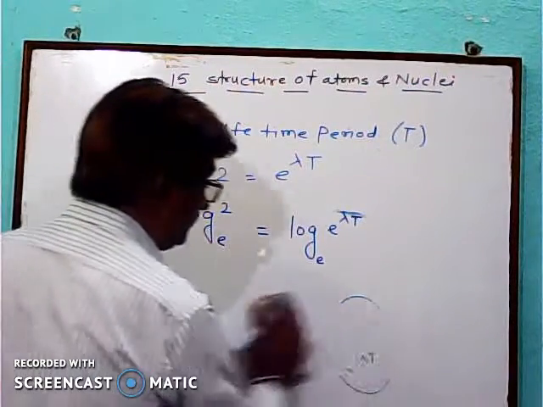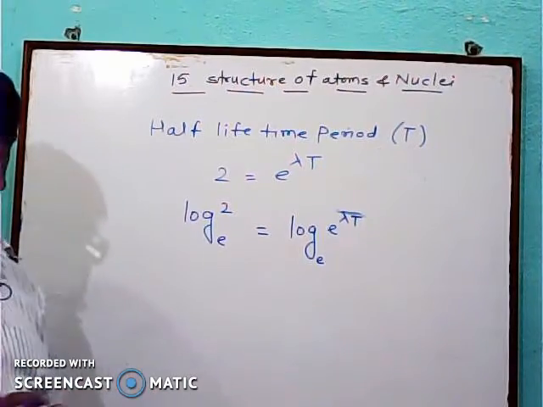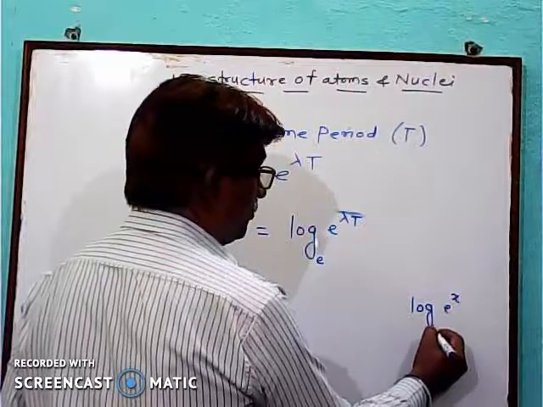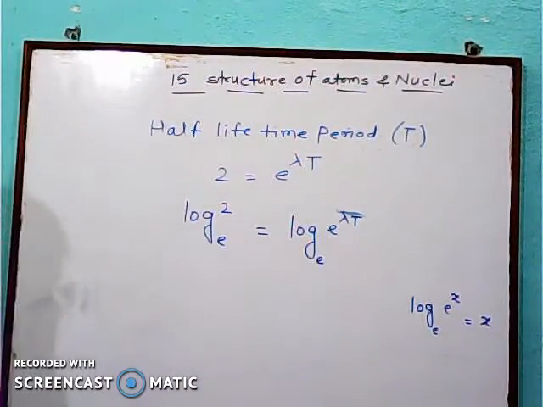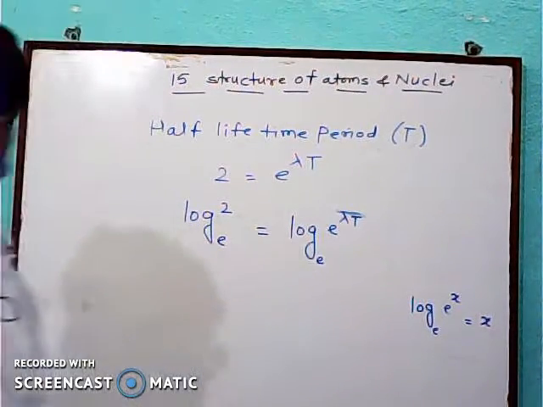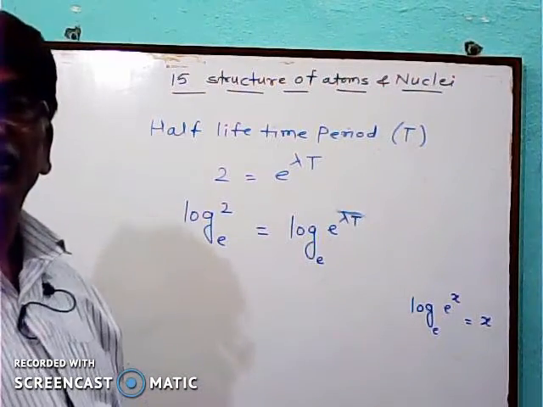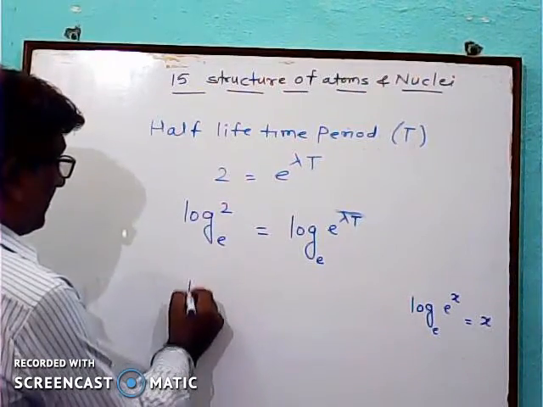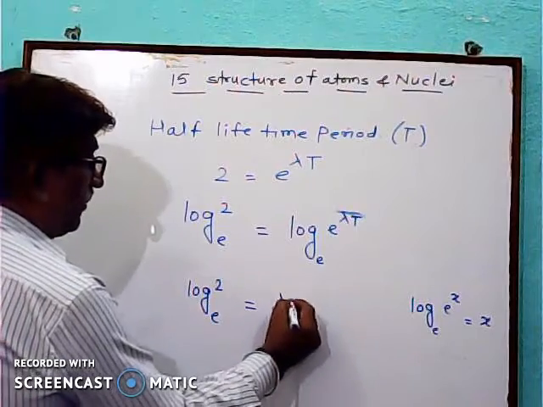A formula can be remembered such that whenever log of e raised to x to the base e is there, its value will be x. So here, log of e raised to lambda capital T to the base e, its value will be lambda capital T. So we can write log of 2 to the base e equal to lambda capital T.